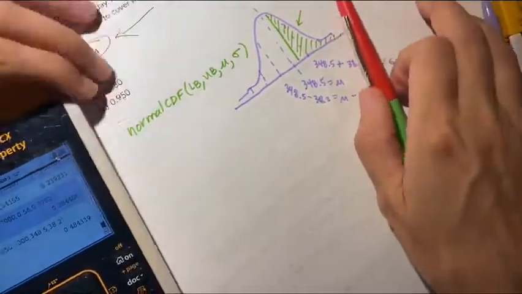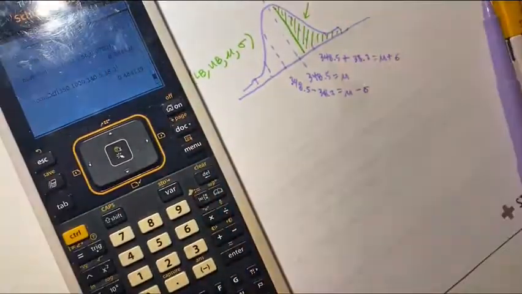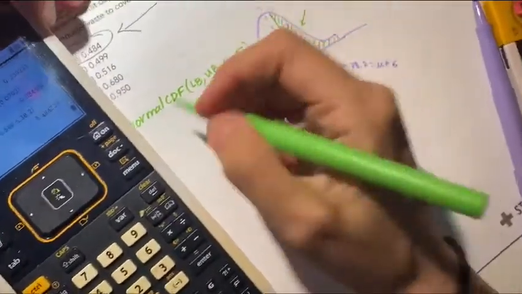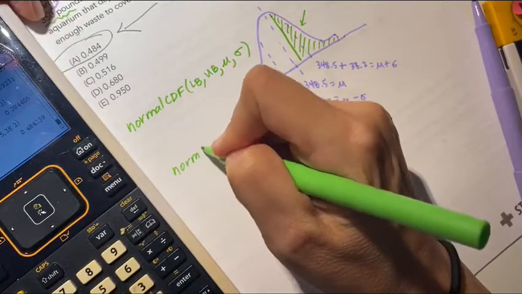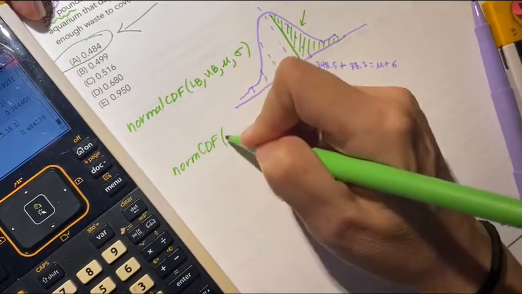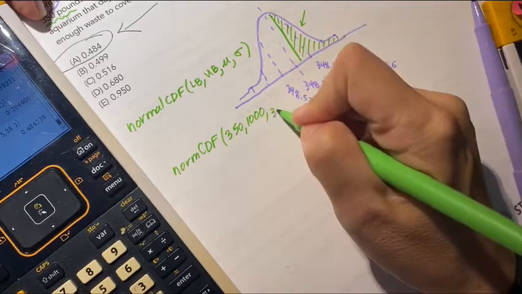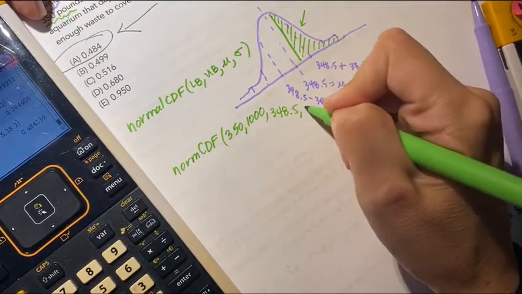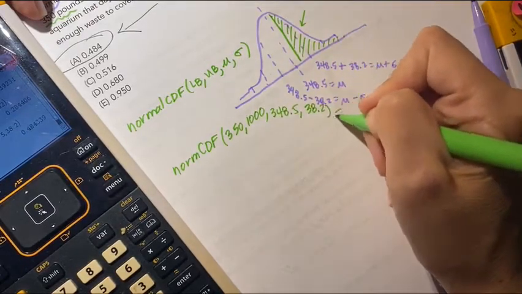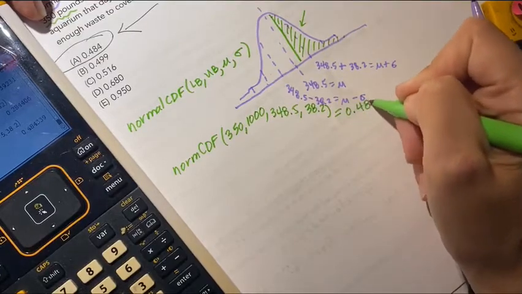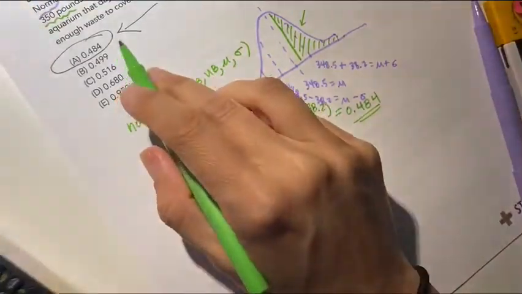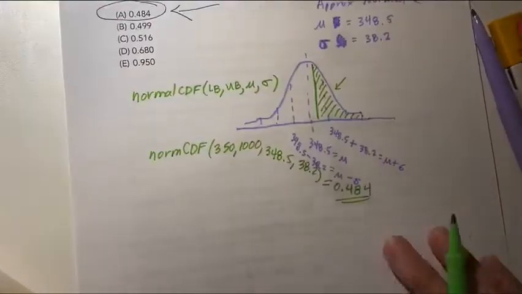When you're doing a word problem, you're going to copy down what's on your calculator to show your work. So normalcdf(350, 1000, 348.5, 38.2), and that number equals 484. And so that's where I got my answer, 484.